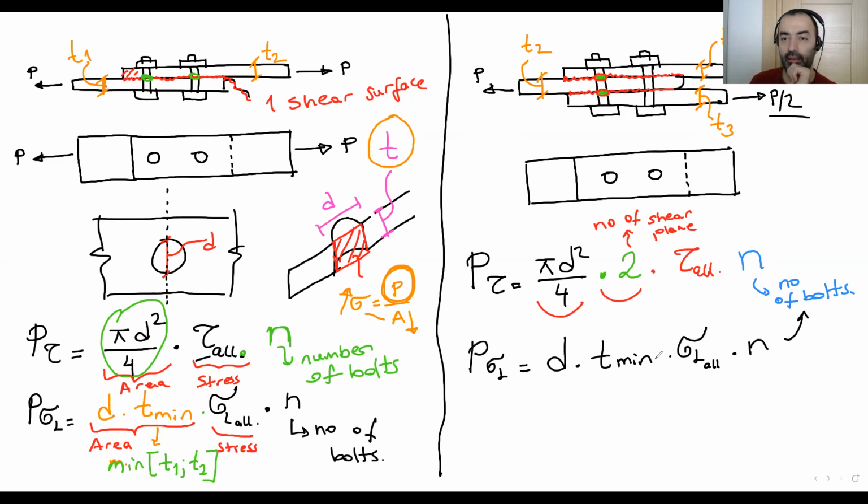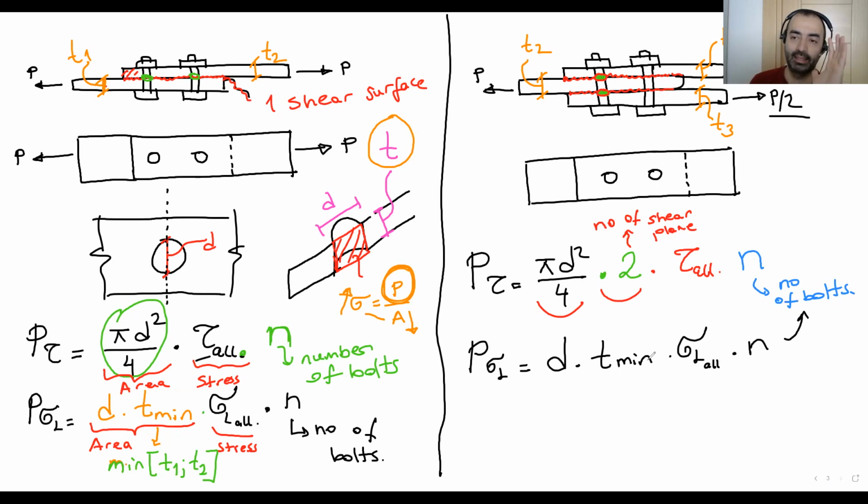What is T min? In the first case, it was the minimum of T1 and T2 because there were 2 plates. Compare these to each other and select the minimum thickness. That's okay, it works. But here, what is the minimum T?